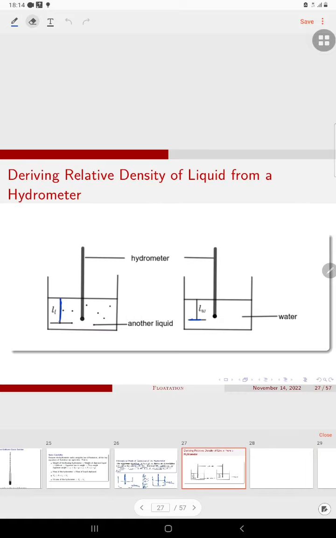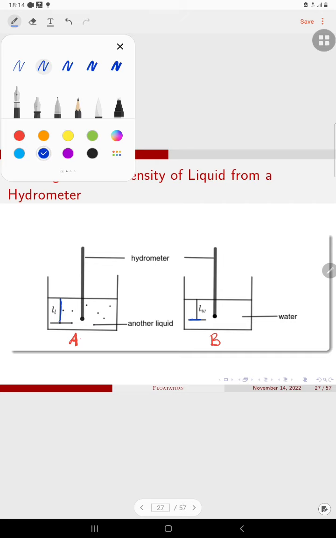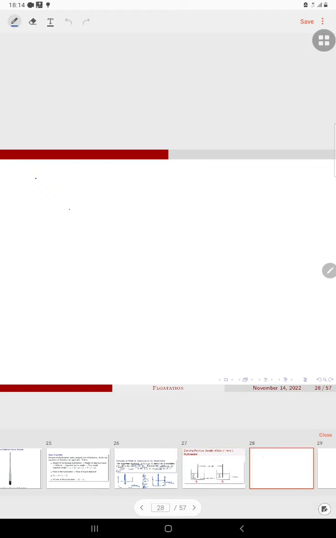Let me call this A and let me call this B. What is my focus? Let's consider figure A.